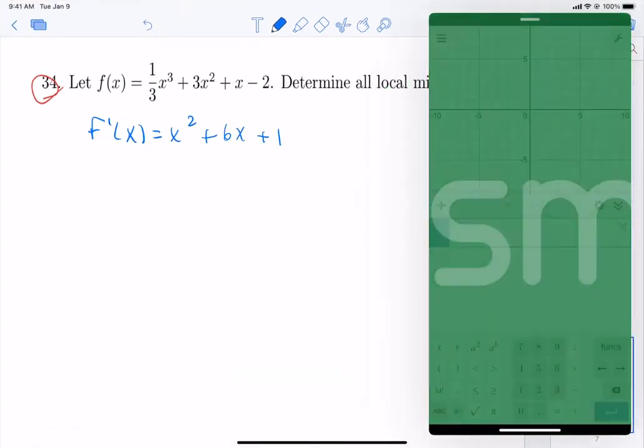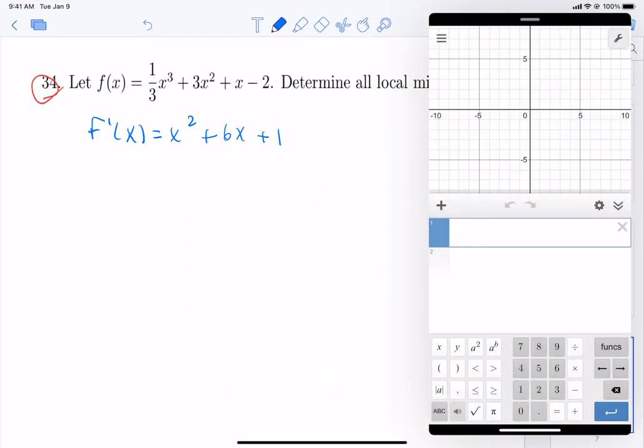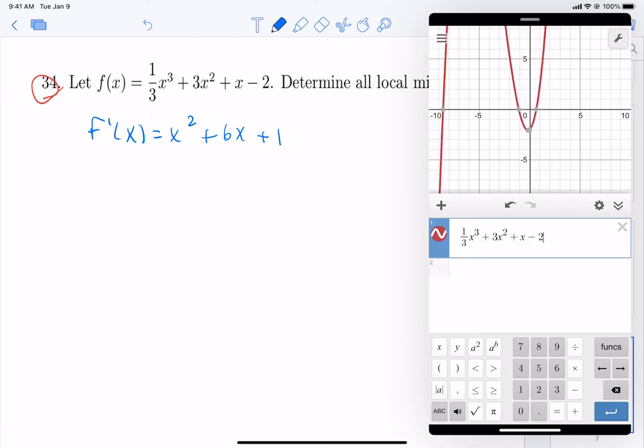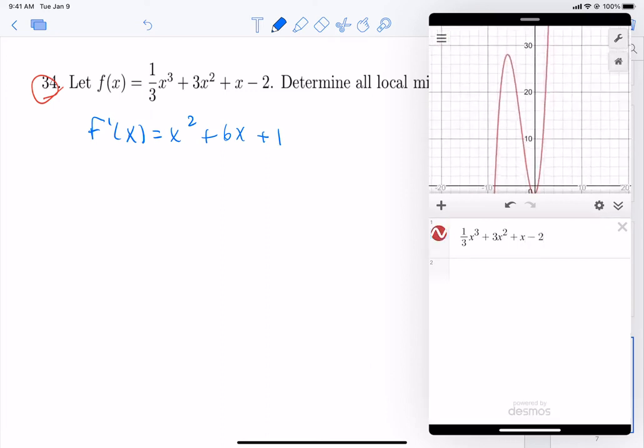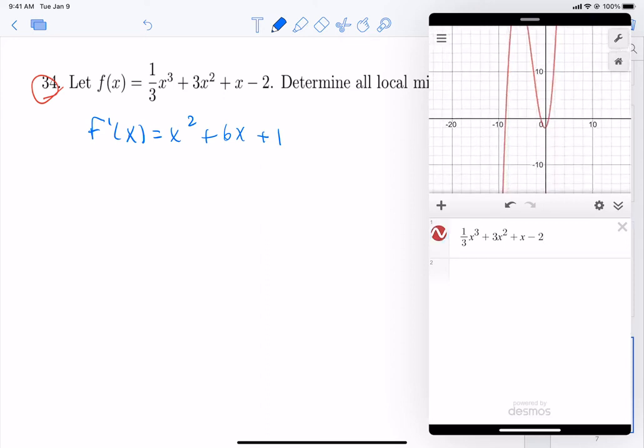Let's just look at the graph for a minute. Yeah, there is a point. There's a local max. Or is it they wanted a minimum? Local minimum. Yeah, there's a local minimum.